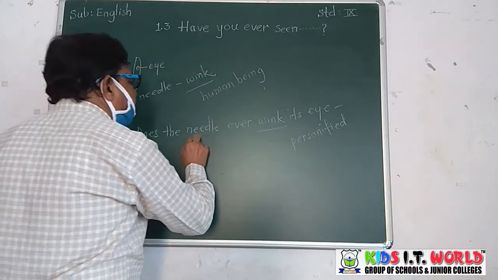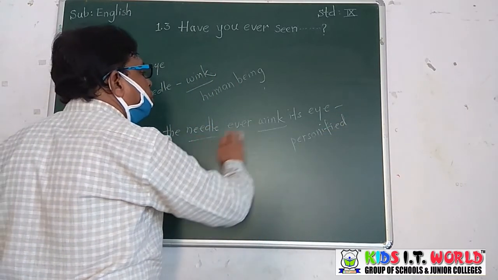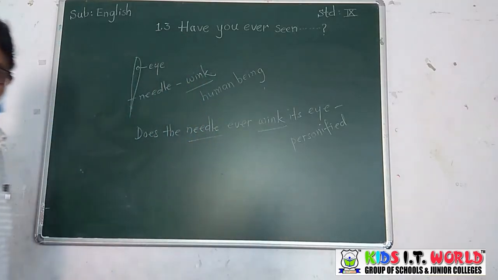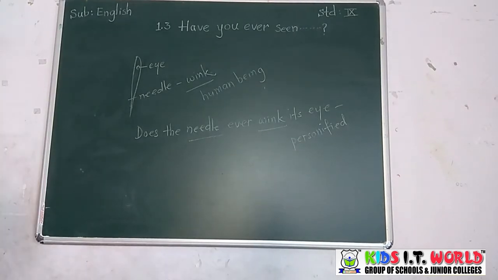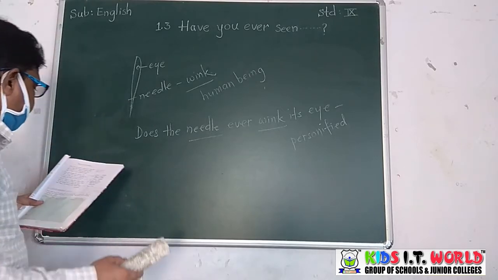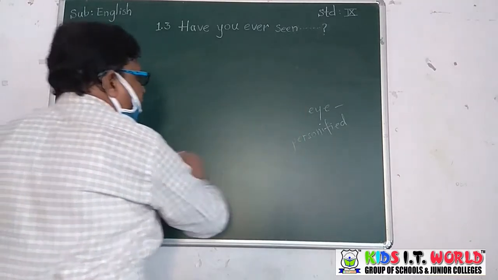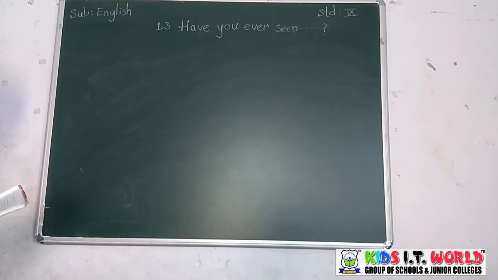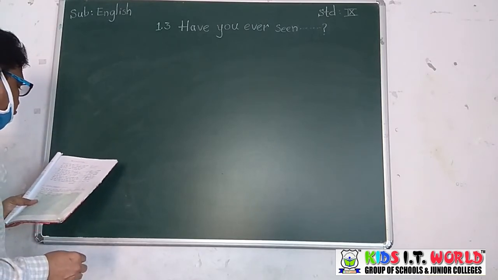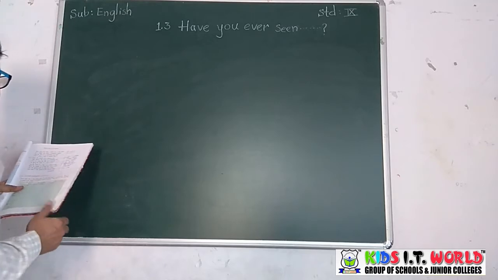Because a needle is a non-living thing and is supposed to wink. So, does the needle ever wink its eye? This line has the figure of speech personification, and the humorous part of that is the needle is winking its eye.